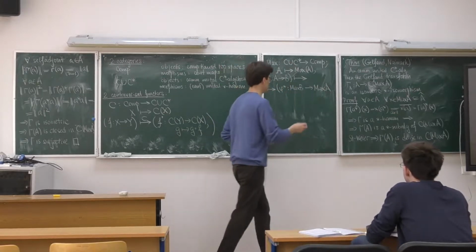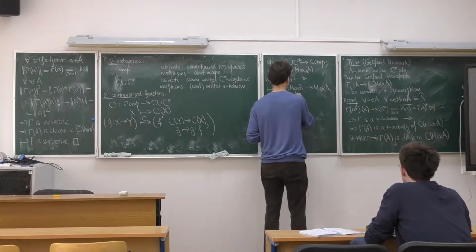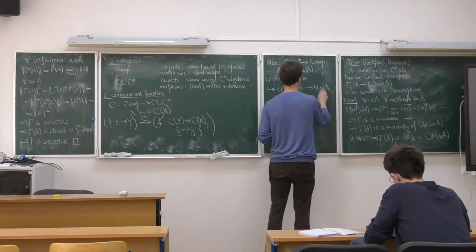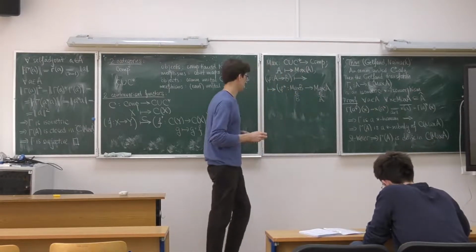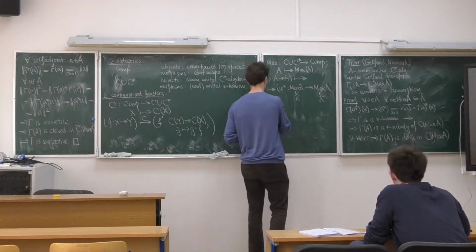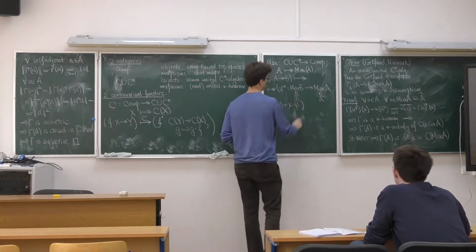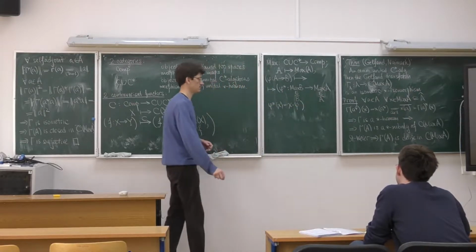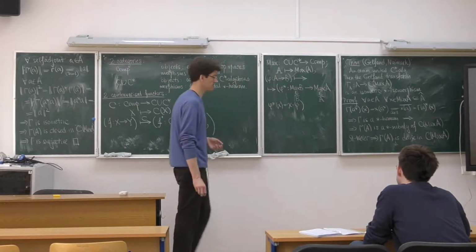We identify these spectra with the respective character spaces, B hat and A hat, and define phi star as follows. So if chi is a character on B, then chi composed with phi is a character of A.